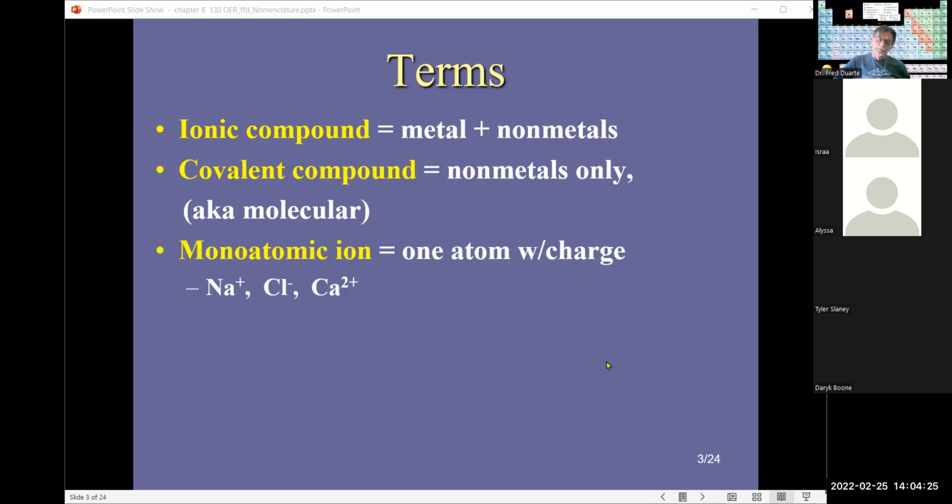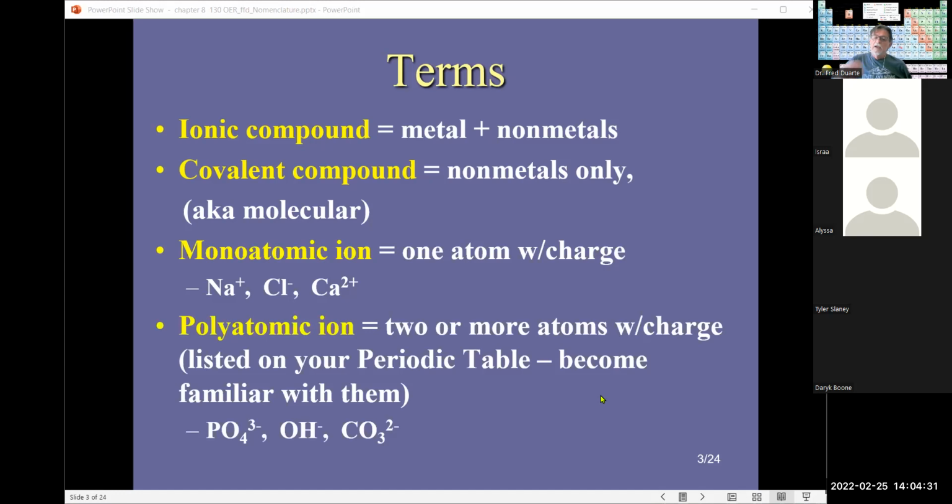Okay. Monoatomic ions, things like sodium, chloride, and potassium. The polyatomic ions that I discussed from the periodic table, bottom left, they have their own specific name. We don't change them, like the nitrates, the nitrites, the hydroxides, so on and so forth, the ammonium, okay?